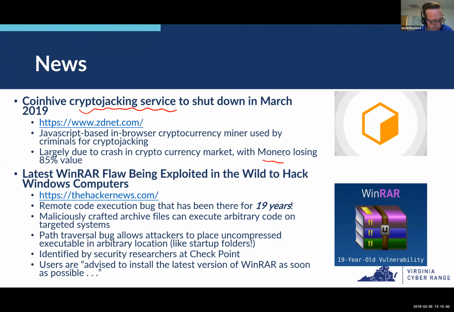It would mine Monero for them. So your computer is working on their behalf. The people at Coinhive, it was a startup company, and their business model was that they got a cut of any cryptocurrency that was mined, any Monero that was mined.